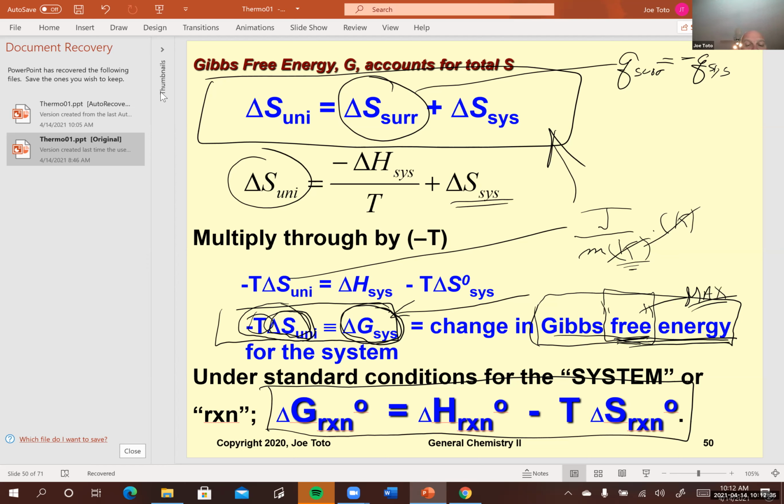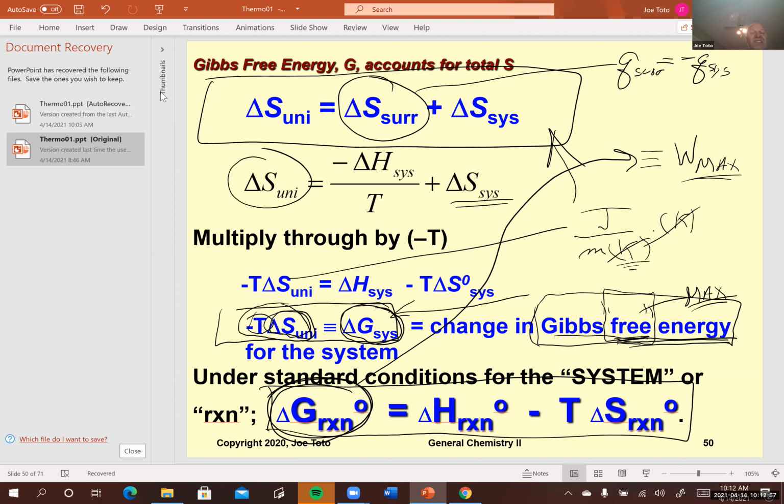And sometimes this delta G is also equated to or described as work maximum. And so you'll see that that's the maximum amount of energy that you can use for work.